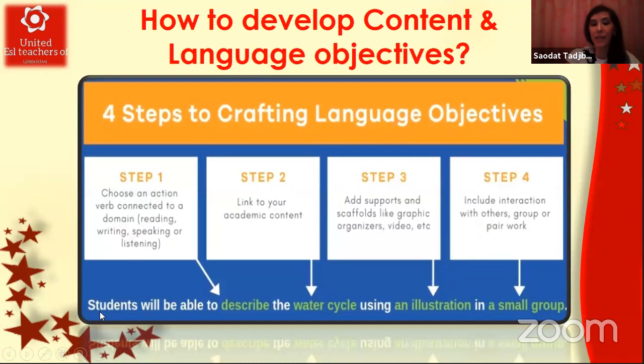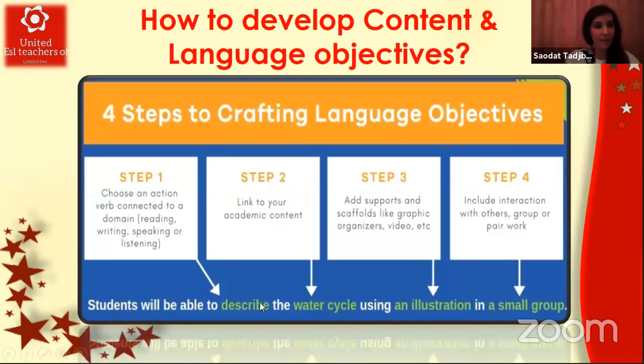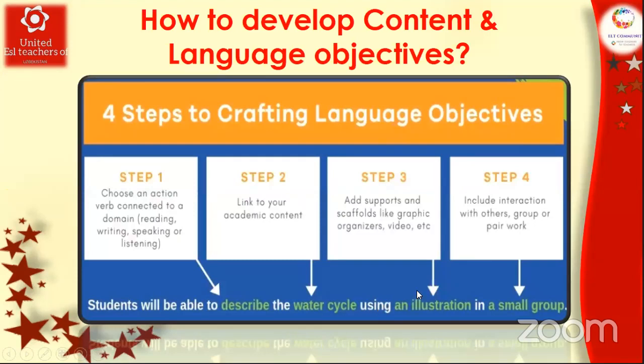So first, begin with students will be able to. Students will be able to read the first one or listen. Then they will be able to use, as you offered, a diagram of global warming, through the world diagram in percentage. Yes, diagram.